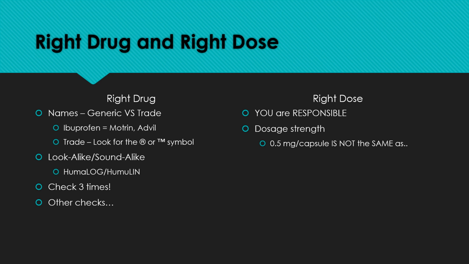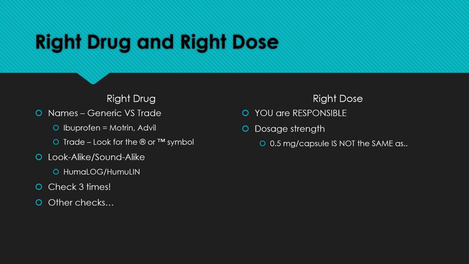The dosage strength indicates the amount of drug in a specific unit of measurement. That is why when we are having you practice dosage questions, we really want you to pull back and practice like this is the unit of measure, because 0.5 milligrams per capsule is not the same as 0.5 micrograms per capsule, nor is the capsule the same as a tablet.